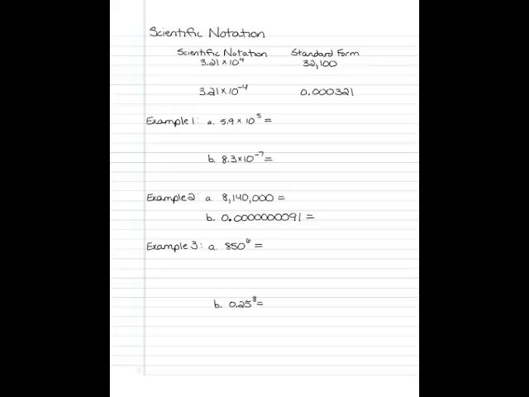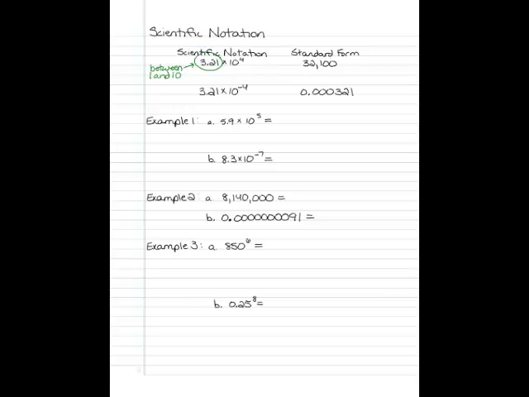But the first one that you see is 3.21 times 10 to the fourth. In scientific notation, you will always have a number that is between 1 and 10. So here we have 3.21 times 10 raised to a power, in this case 10 to the fourth.